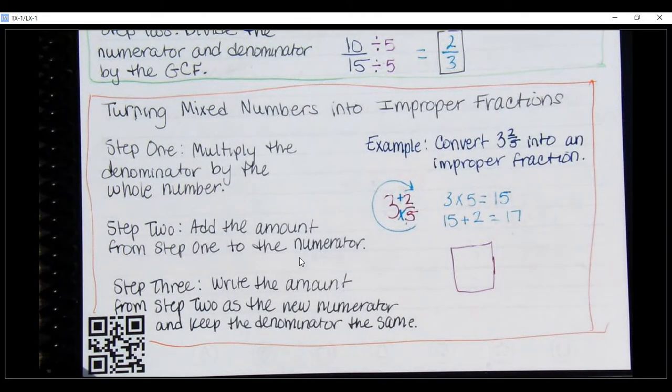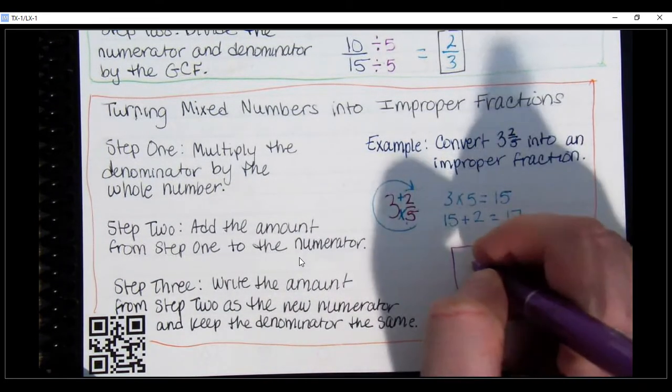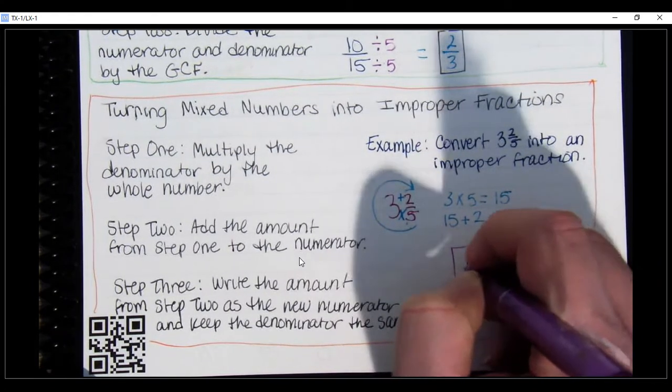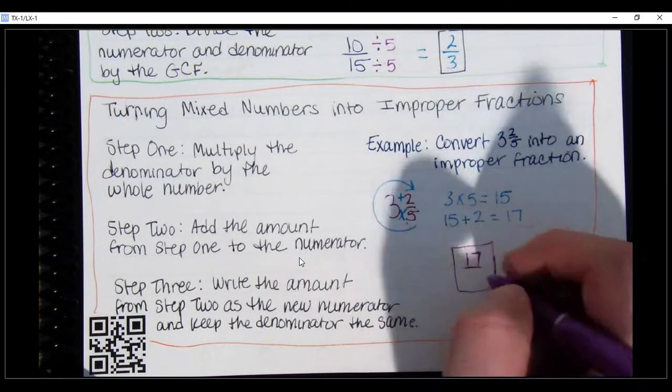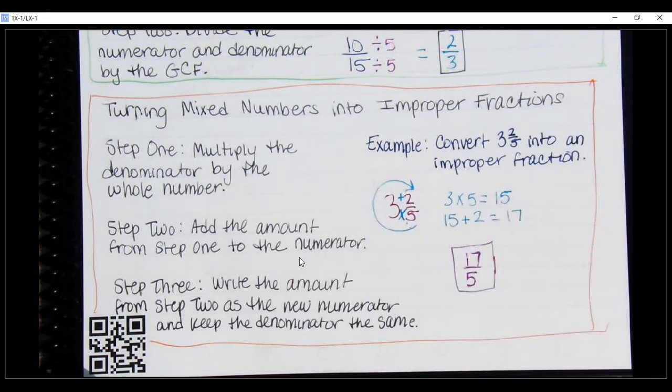And then we have one more step to go, which is step 3. Write the amount from step 2 as a new numerator and keep the denominator the same. So 17 was my number that I found, so that's my new numerator. And the denominator is still going to stay the same as the fifths. So 17 fifths is our answer.